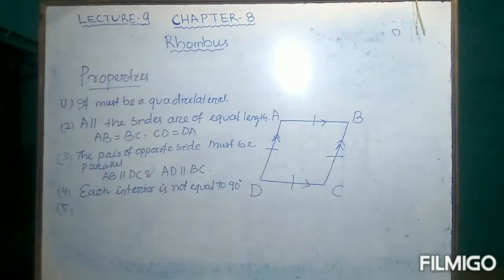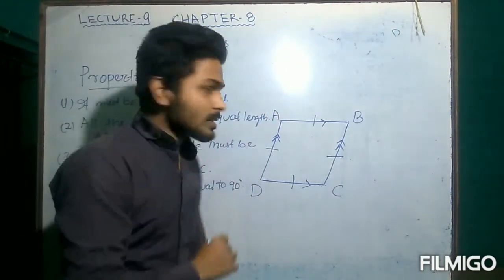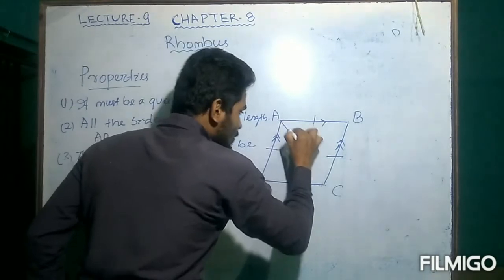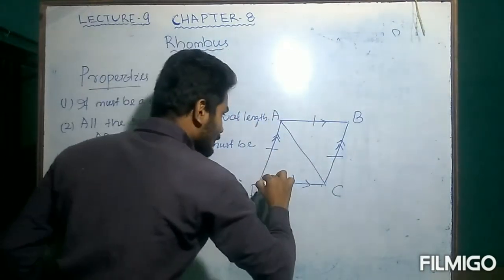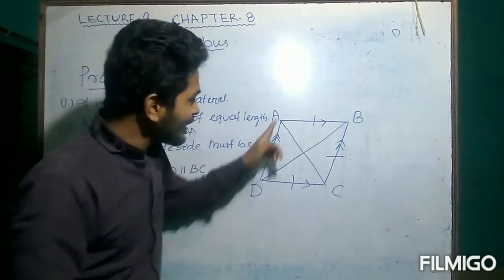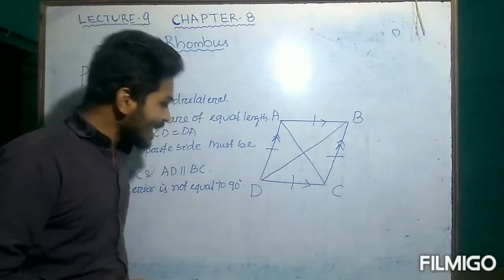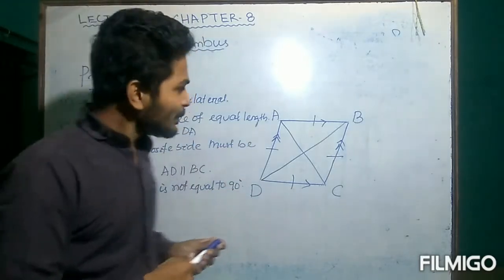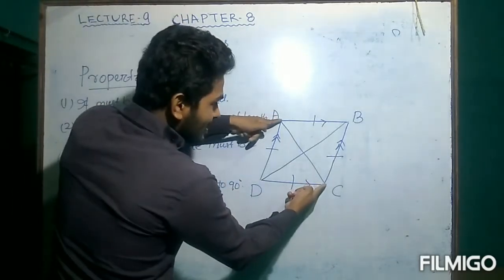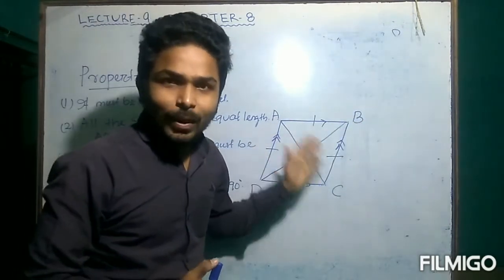Clear? Fifth property, based on the diagonals of a rhombus. Here it has two diagonals since it is a quadrilateral. Now tell me, do you think the two diagonals AC and BD are of equal length? AC is of this length and BD of this length. Do they look equal?